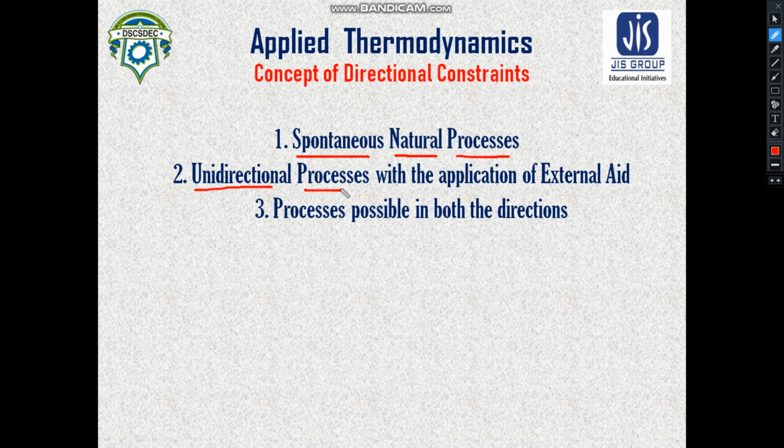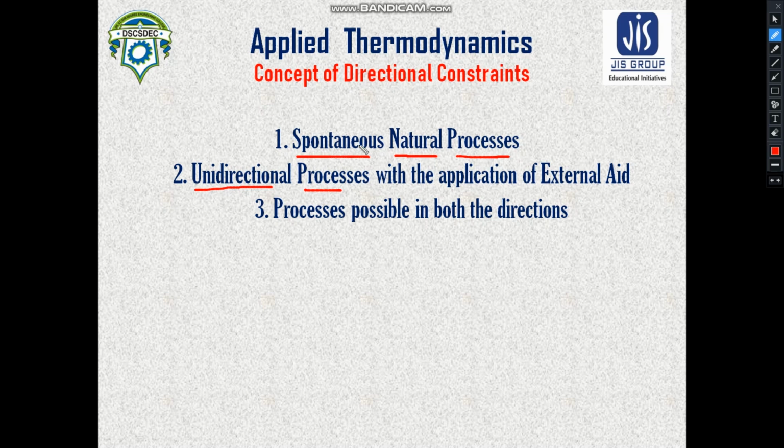Heat generation is not the correct word; we will use thermal energy generation. But the opposite of this process is not possible. So we can understand that there are always directional constraints involved in all possible thermodynamic processes.